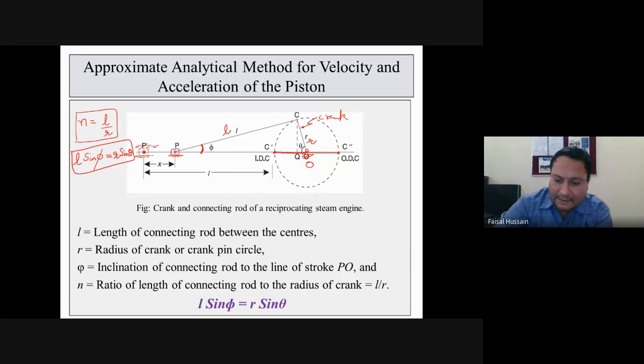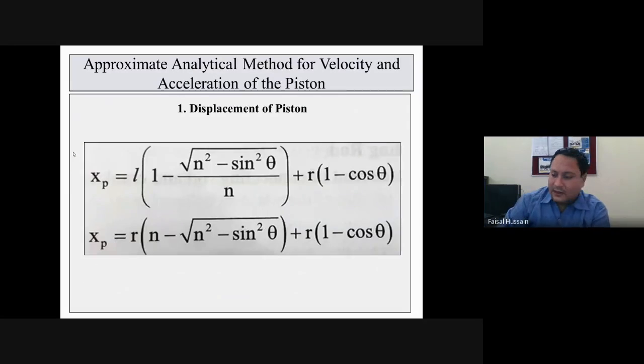Now let us move on. In the approximate analytical method for velocity and acceleration of the piston, this is the equation of displacement of piston. Xp is the displacement of piston.